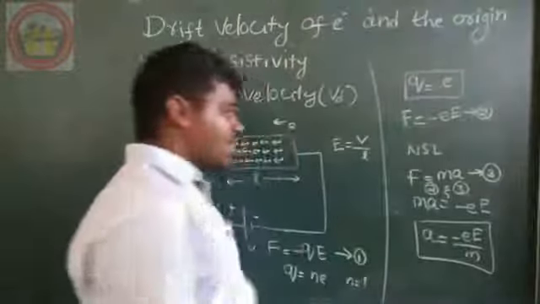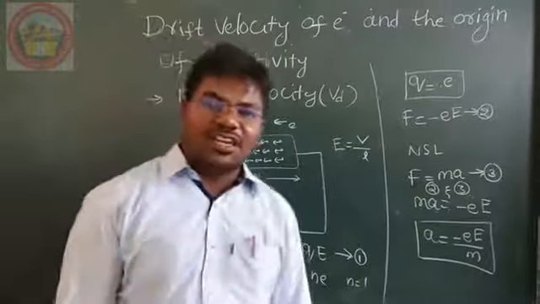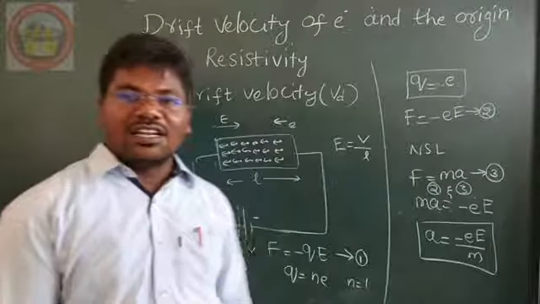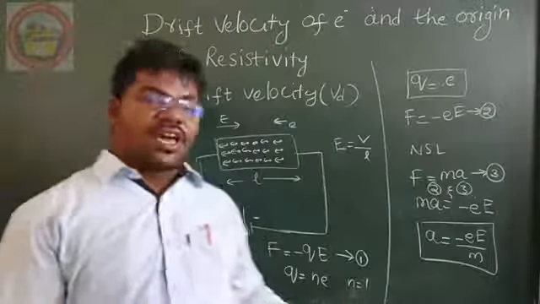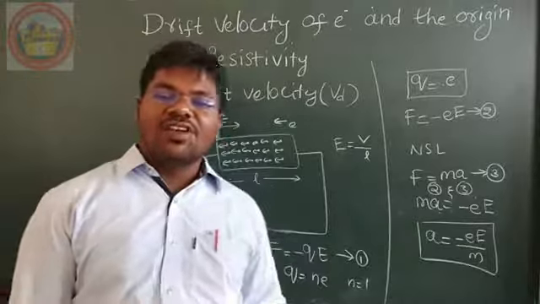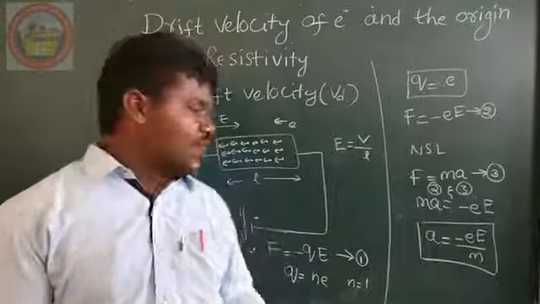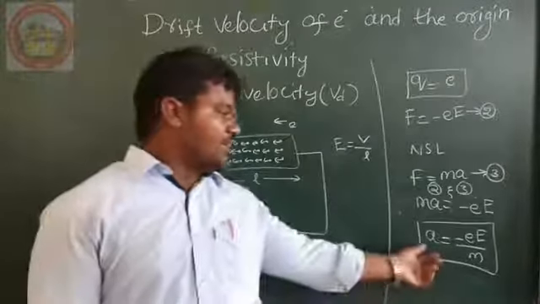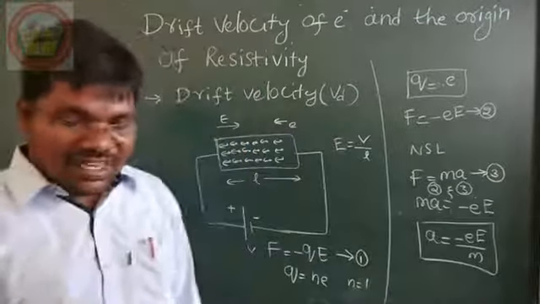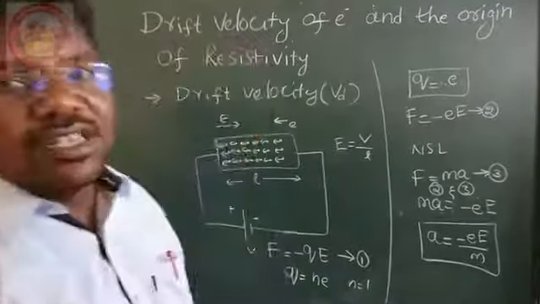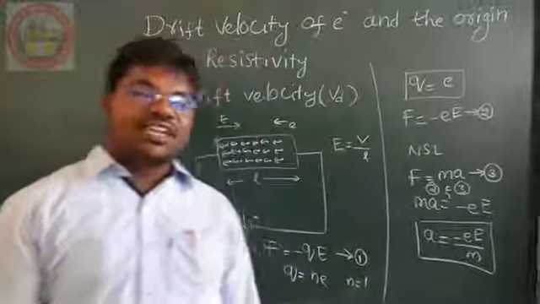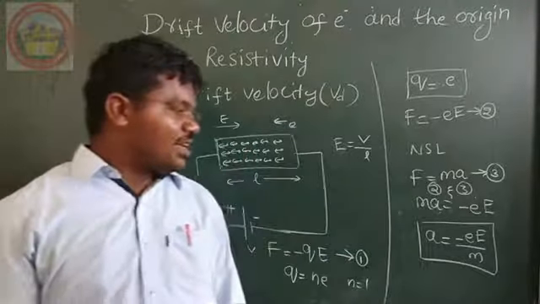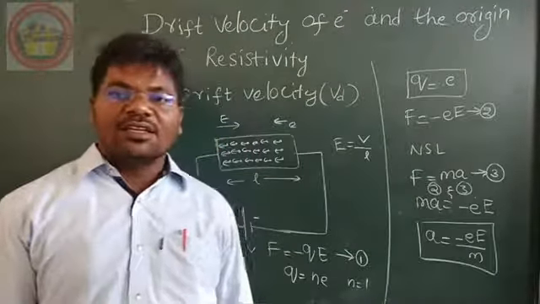This is the acceleration of the electron inside the conductor when we apply potential difference V. A is the acceleration of electrons or charges inside the conductor: a is equal to minus small e capital E by m.